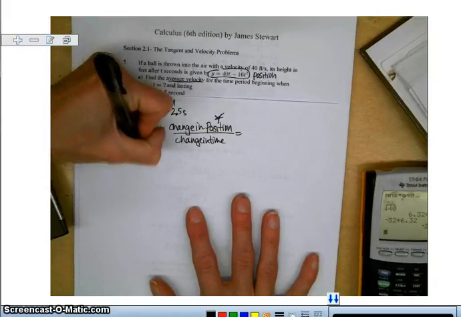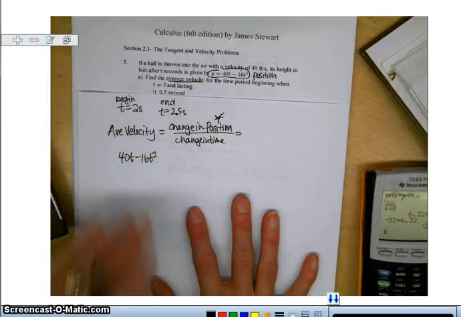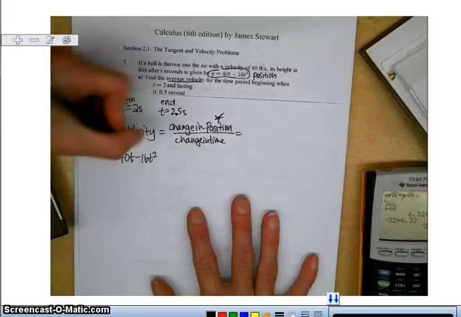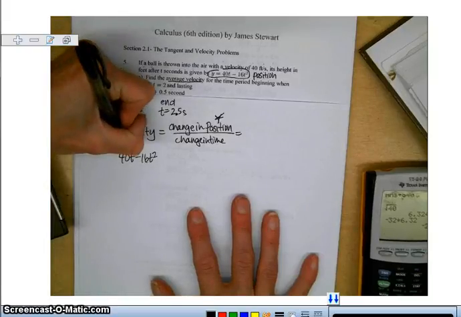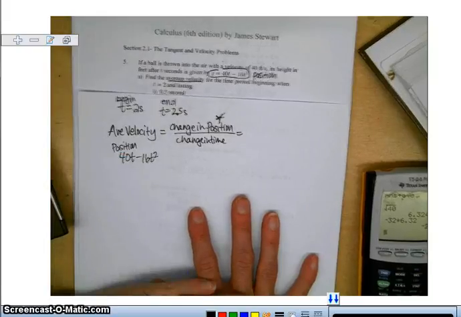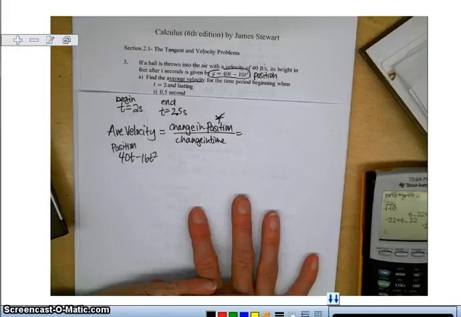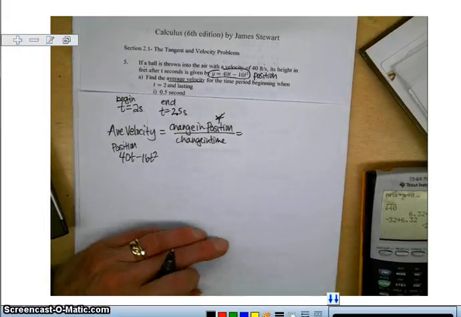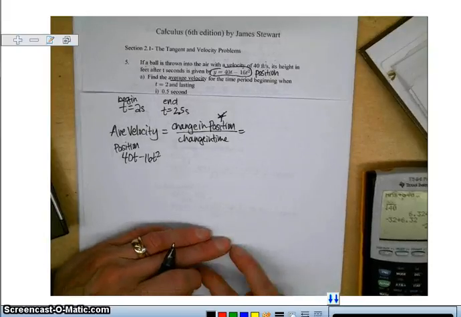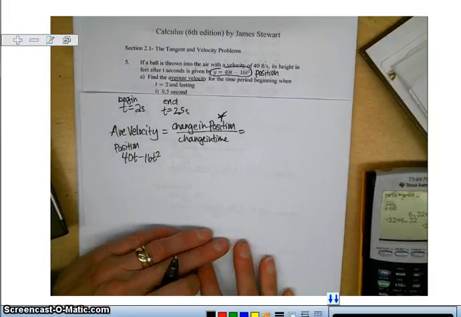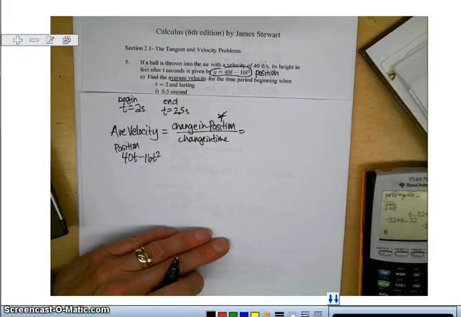40t minus 16t squared. And the t in this position function is what? T stands for turtles. Is that what the t is for? No, it's time. Okay, t is time. So the change in position means you have to take into account your two times and find the difference between them.